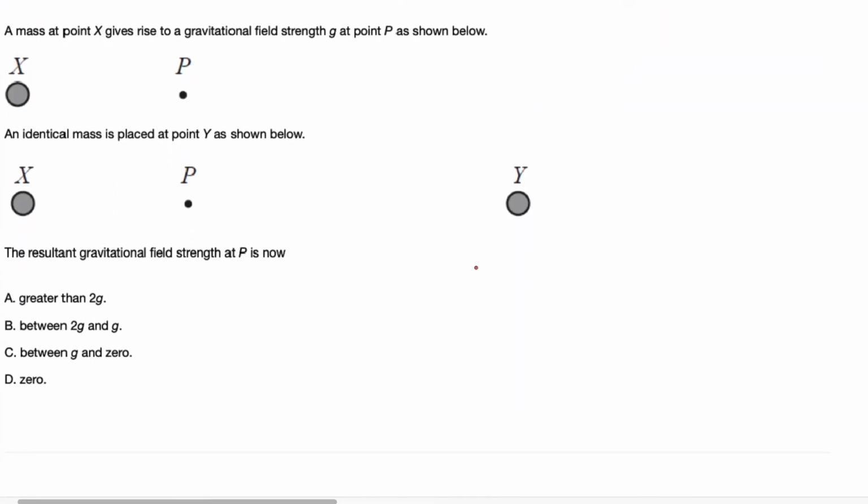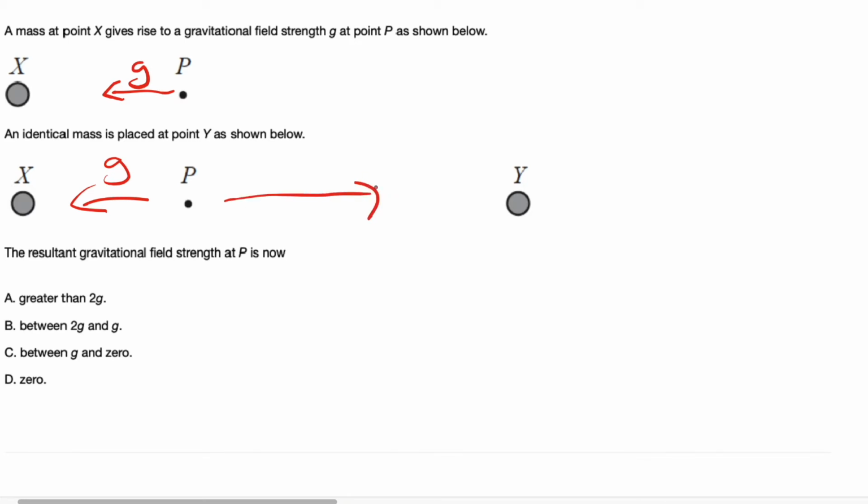A mass at point X gives rise to the gravitational field strength G at the point P as shown below. So here, the field strength is G. Identical masses are placed at point Y as shown below. The resultant gravitational field strength at P is not Y. So here, the gravitational field strength is going to point to the left because the gravitational force by X is going to point to the left.